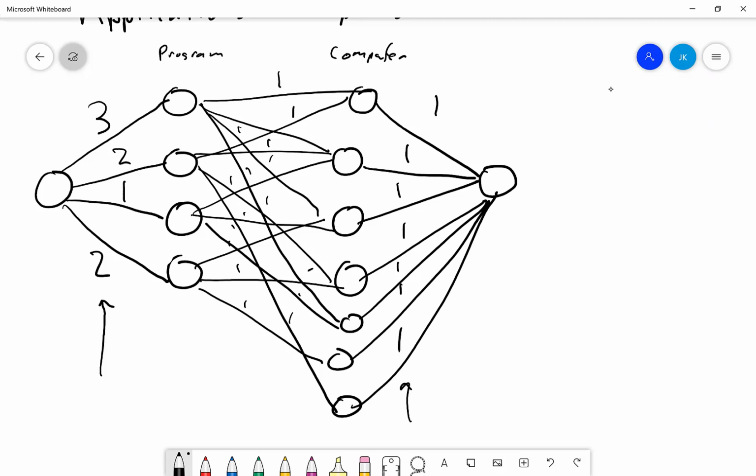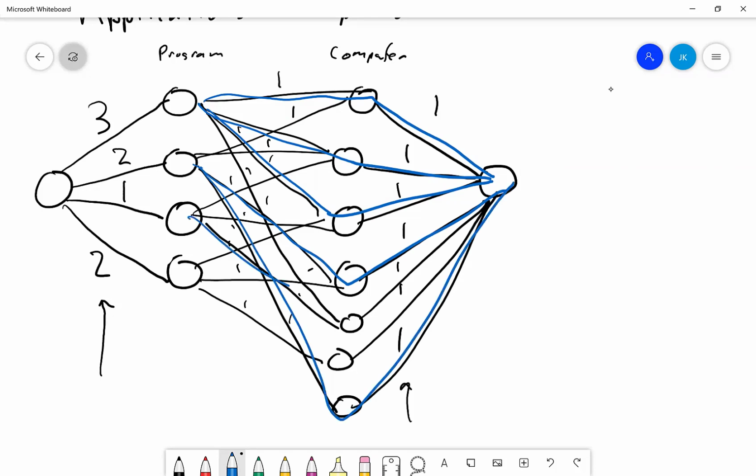Performing max flow through here is going to give us some mapping of programs to computers that hopefully will allow us to get as many of these through as possible.